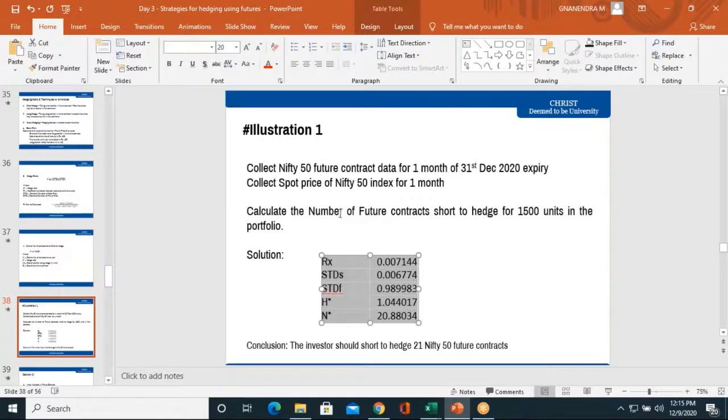Okay, see, logically, if I say that I have only 1 lakh rupees in my portfolio, the market capitalization of my portfolio is 1 lakh, but out of which 1500 units are there. That means whatever stocks I'm holding, the price of the stocks is low.